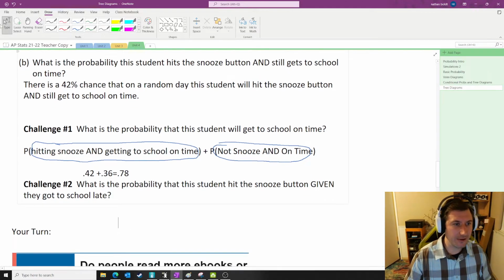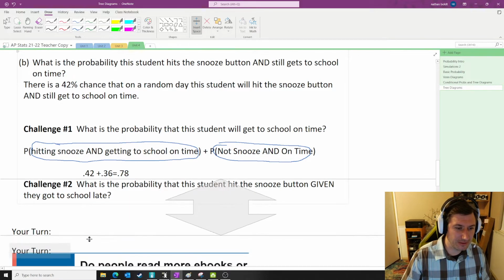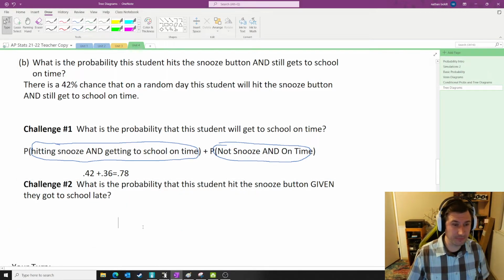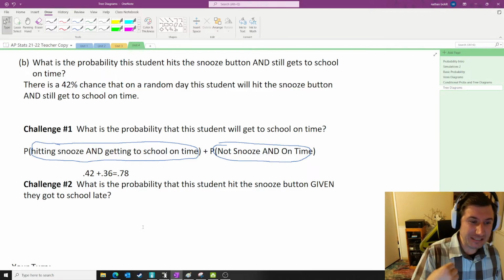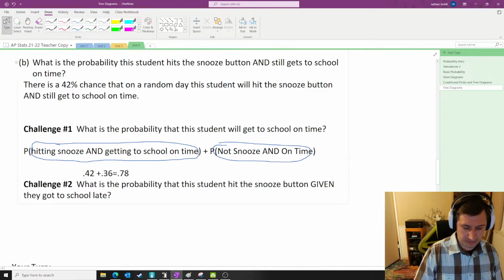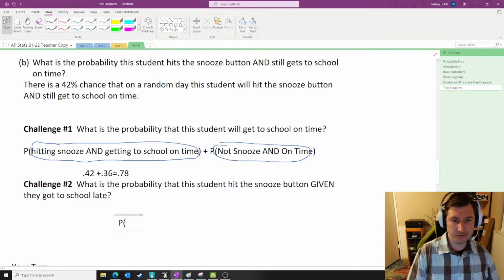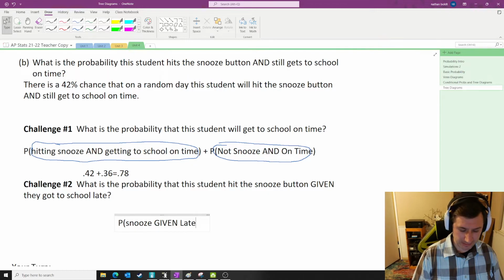All right, now the super challenge. This one is where the tree diagram is a little bit harder, but it's still possible. So what is the probability that this student hit the snooze button given they got to school late?